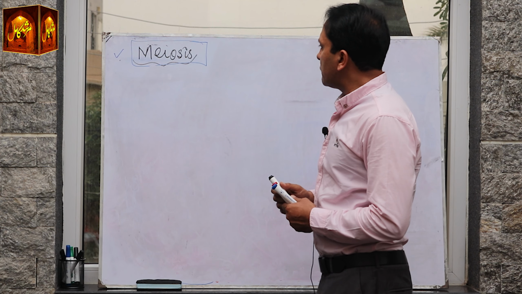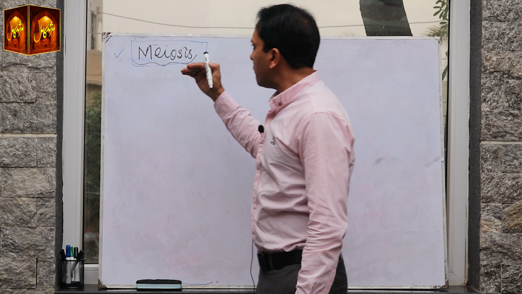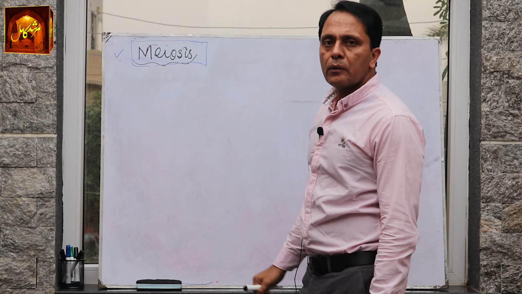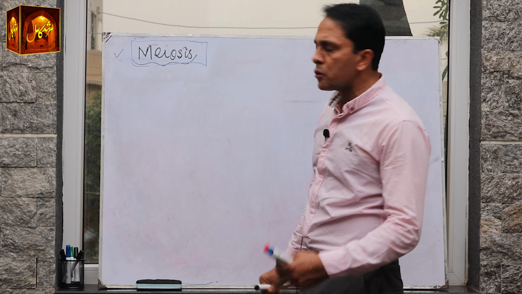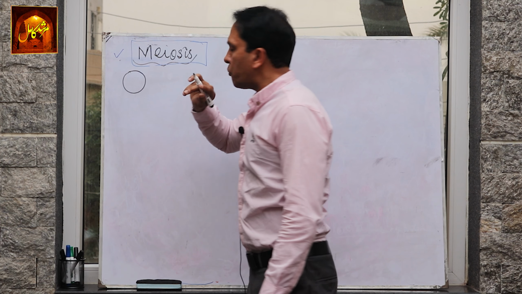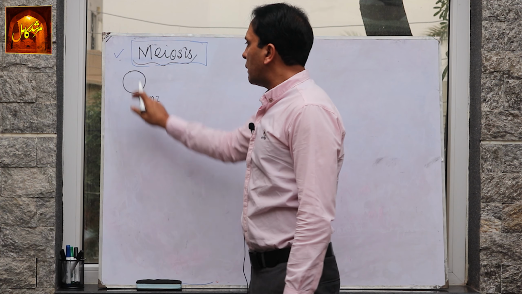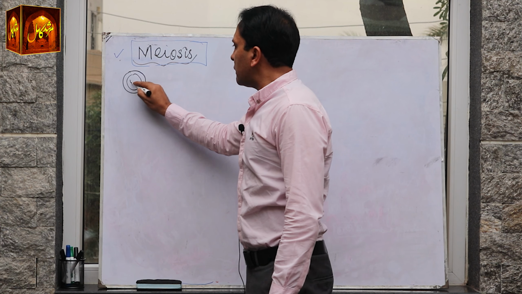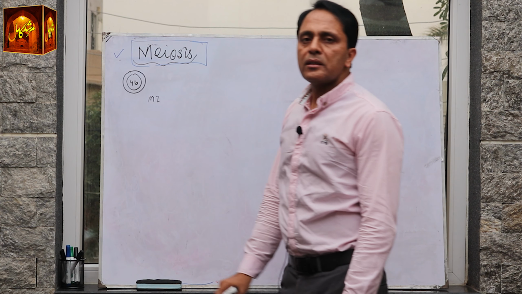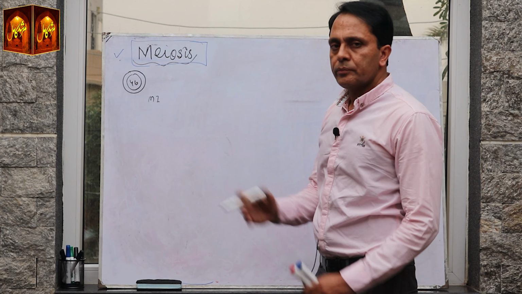When we talk about the process of meiosis, two phases of meiosis actually are there: meiotic 1 division and meiotic 2 division. In the first division, that is called meiotic 1, the parental cell contains 46 chromosomes, the diploid number of chromosomes.